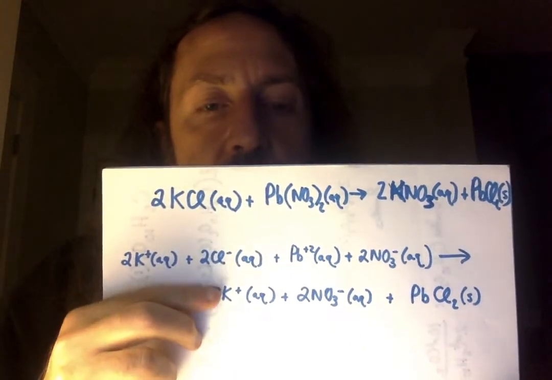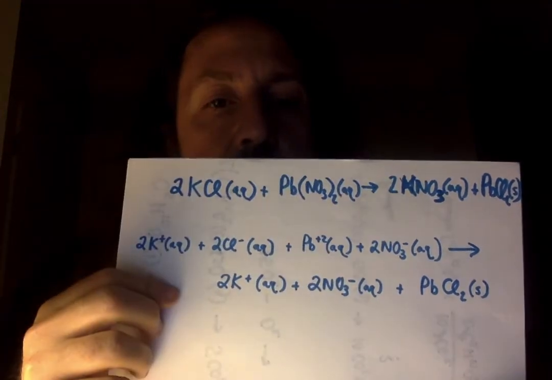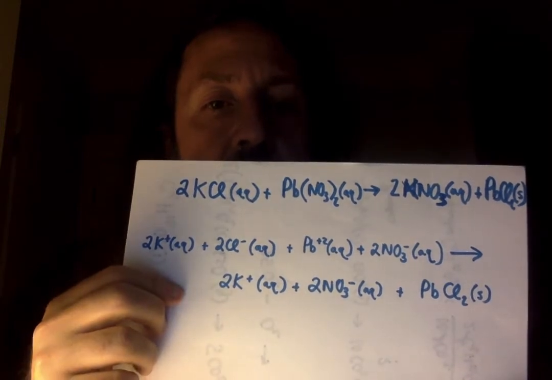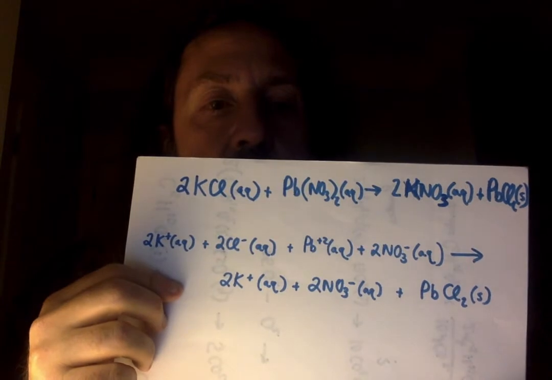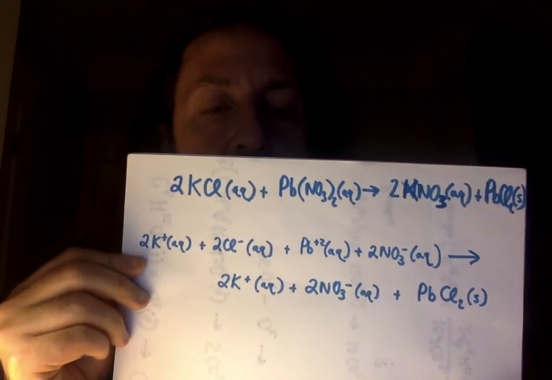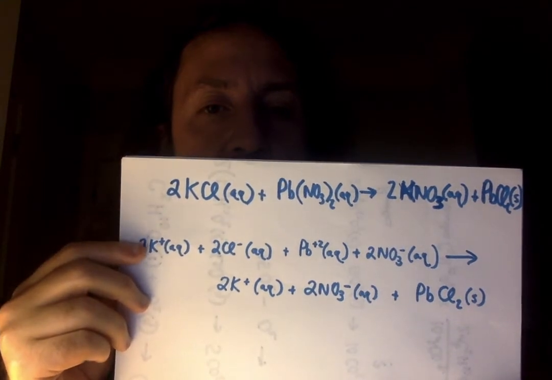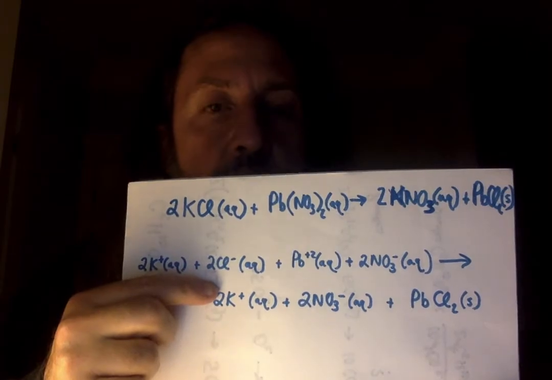Okay? So these are my products right here, reactants, products. And then what I need to do is figure out what is on both the product and reactant side. The first thing I notice is that potassium, 2 K+, is a reactant and it's a product.